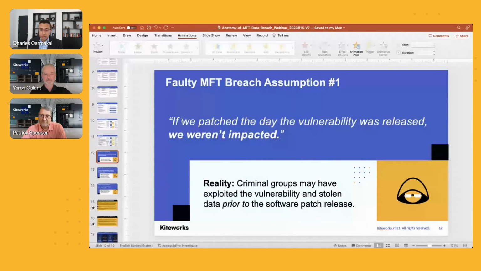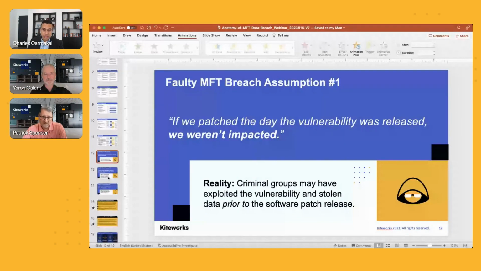Same thing for organizations that had Microsoft Exchange running on-prem a few years ago with one of the vulnerabilities that was mass exploited. So I found that there were a number of organizations that told me, hey, we patched the day that the patch became available. And I said, well, unfortunately, this was mass exploited in a very opportunistic way a few days before the patch was even available.